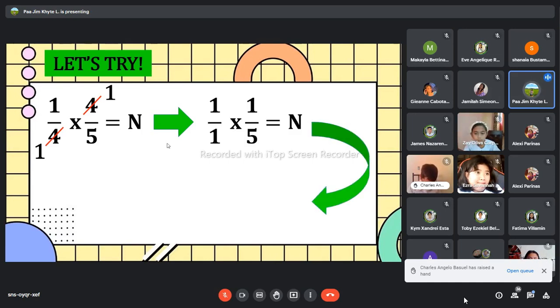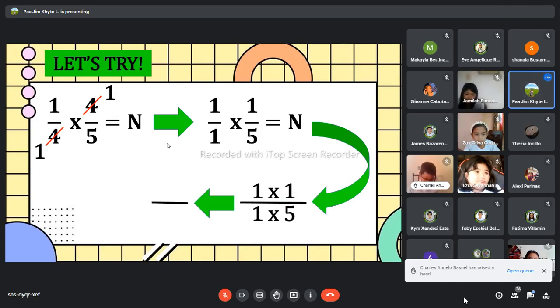The next thing that we should do is to combine the numerators and the denominators. So it will look like this: 1 times 1 over 1 times 5. So 1 times 1 is equal to 1 and 1 times 5 is equal to 5. Who got the correct answer? Raise your hands.